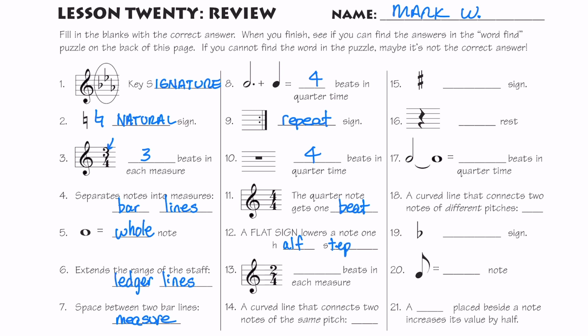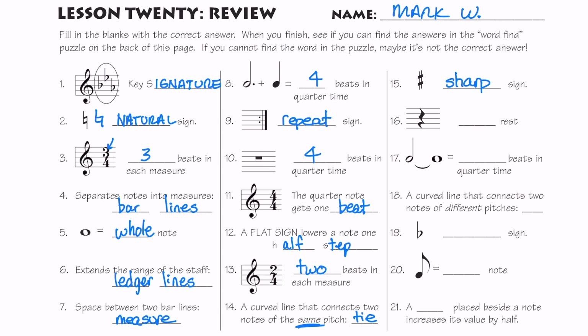Number 13, how many beats in each measure? 2. A curved line that connects 2 notes of the same pitch is called a tie. All right, number 15. This is a sharp sign.